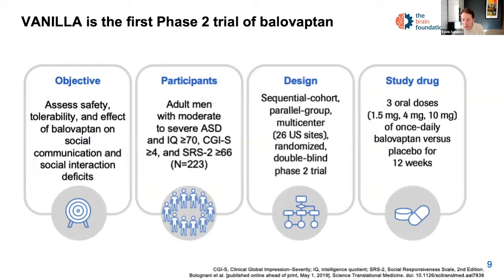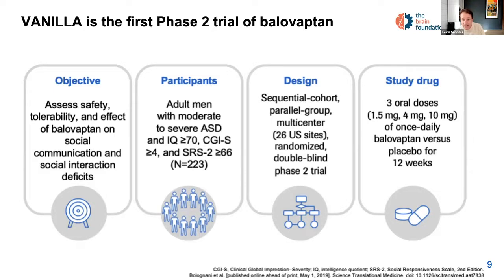So the vanilla trial was our first phase 2 trial. You can see here from the breakdown, it was a trial to look at the safety and efficacy of Balvactin on social communication interaction. It was only for men, adult men, higher functioning, so IQ greater than 70, a CGI severity score of greater than 4, SRS of greater than 16, and we had 223 patients in that study.